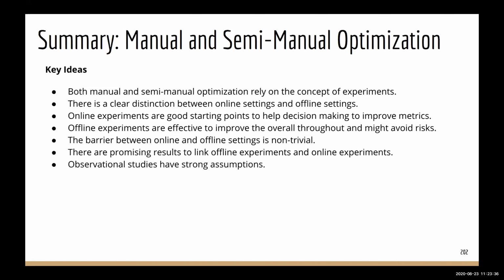Offline experiments are a classical machine learning scenario where we could do a lot of things, but there are non-trivial gaps between offline and online, and also in how we can derive correlation and causation, right? Observational study, you need very strong assumptions. So hopefully, this is a recap of the manual and semi-manual optimization.